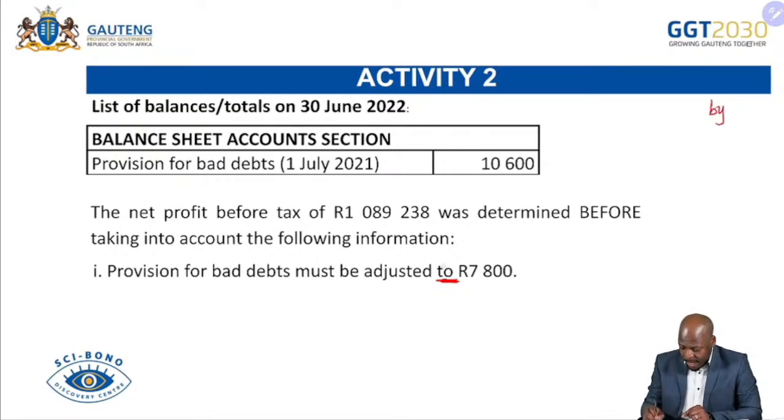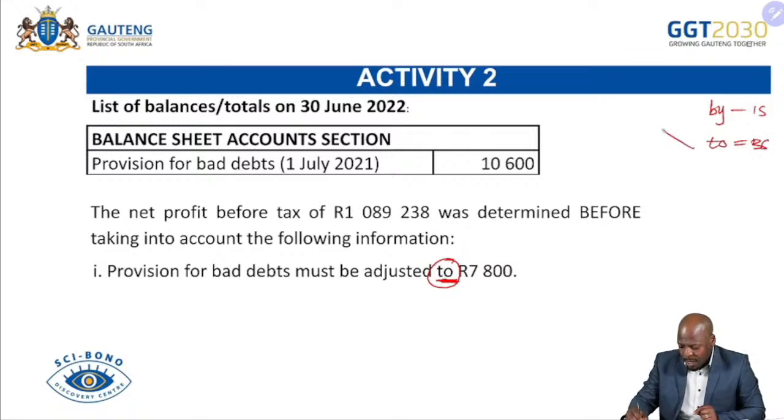But here they are now saying to. You see that? And then what we did, that by, we simply took it to the income statement. All right? But whenever they say to, the to should go now to the balance sheet.